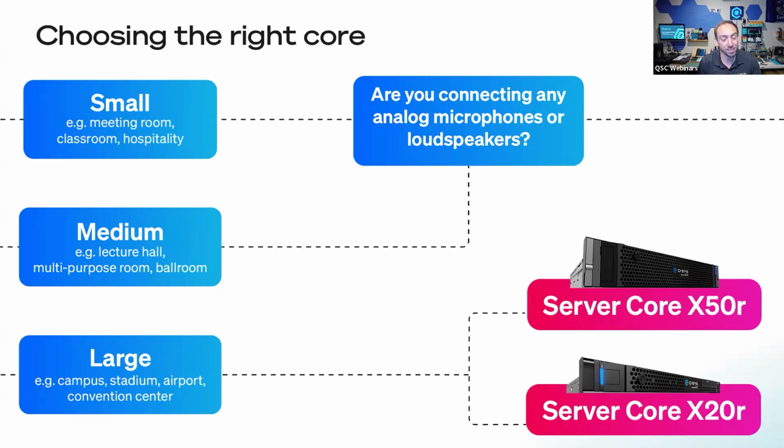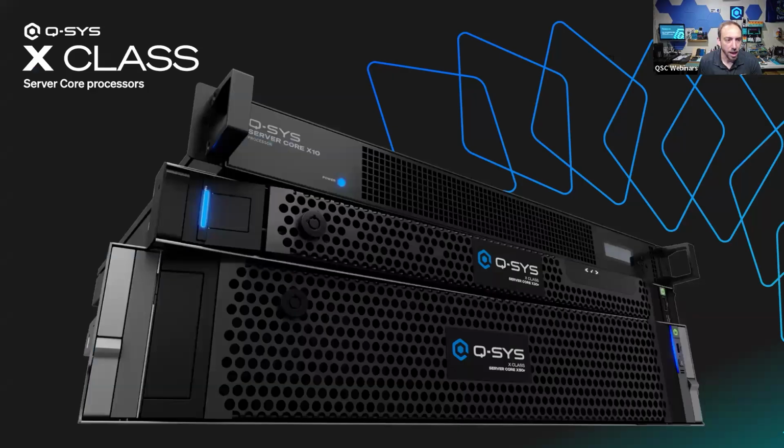The Core 8 Flex has the same things, but we also add a bank of 8 flex channels. So small rooms that maybe just need one microphone at the podium, and a little bit of control can leverage those. Now for those large systems, the X-class processors, these replace the 510, the 610, the 5200.